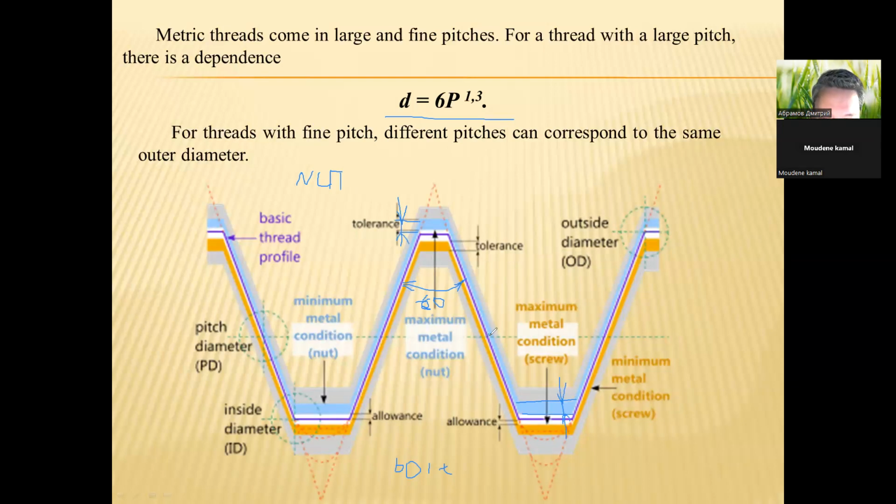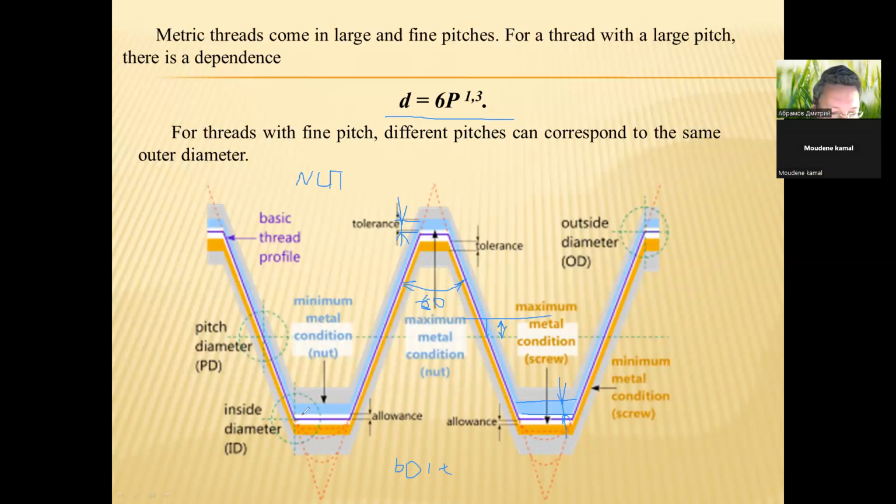We can find the tolerance field in the pitch diameter or middle diameter. It's the tolerance field on the pitch diameter of the nut.